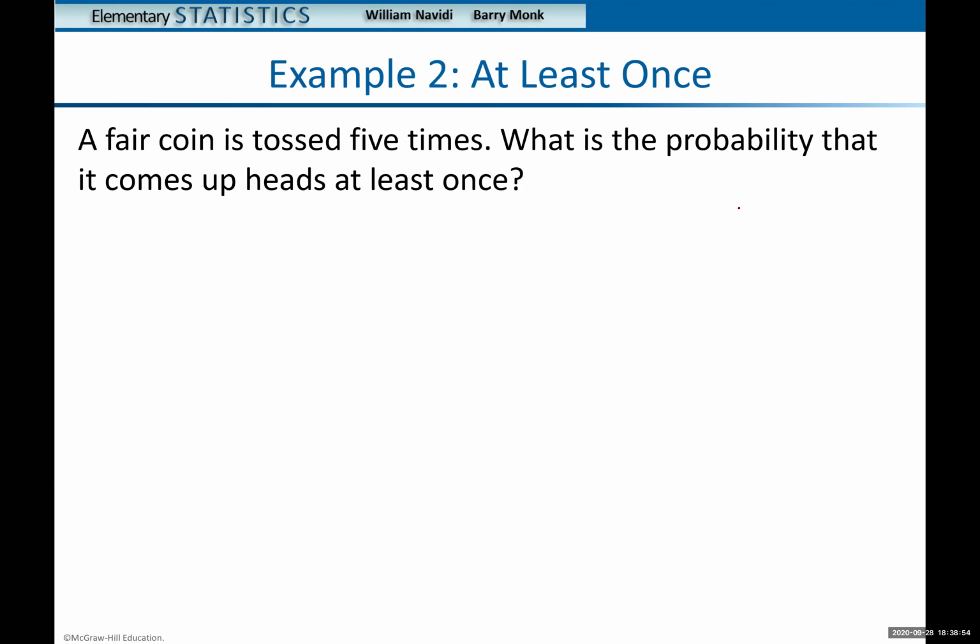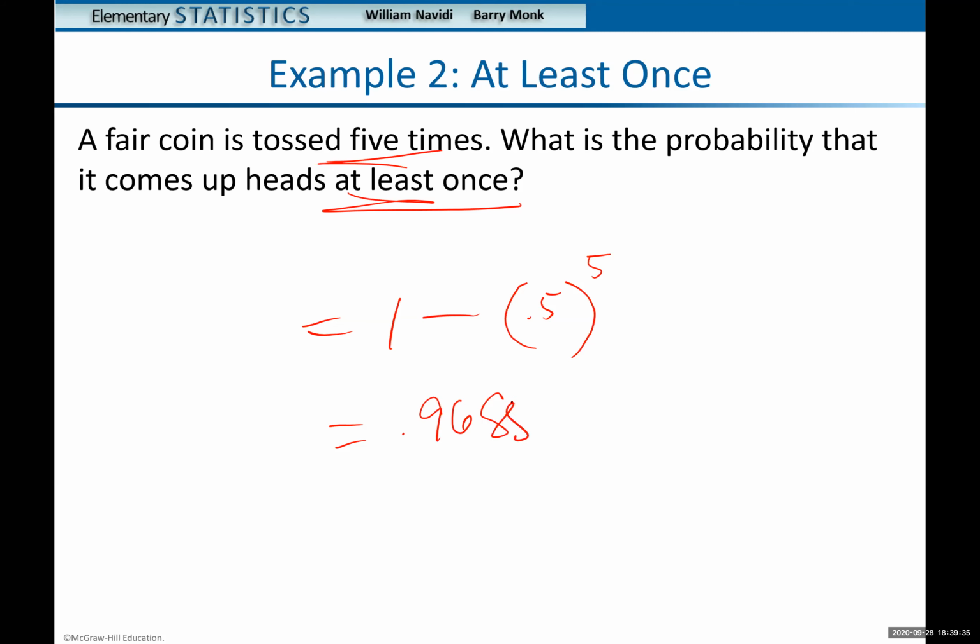Then for at least once, 1 minus 0.5. But here a fair coin is tossed 5 times, so you just have to raise this to 5. So try that. What is the answer? 0.9688. Yes, 0.9688. Thank you.